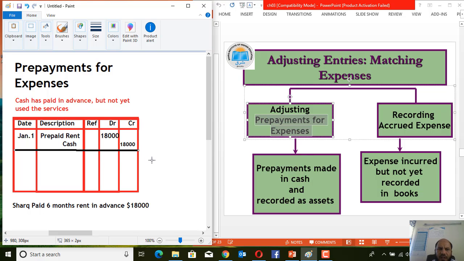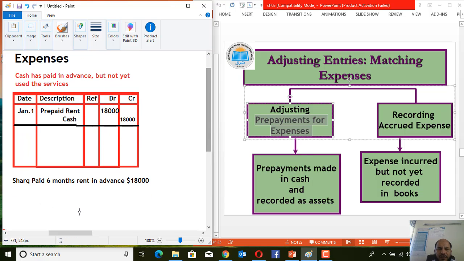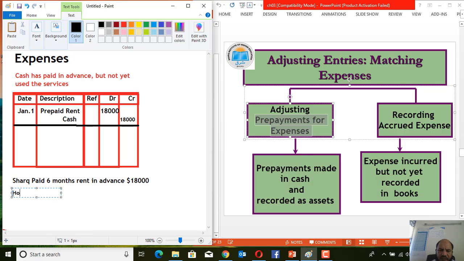Now after 1 month, how we will record it? Yeah, after 2 months. How to record this transaction when we use the services, and mean after 2 months.